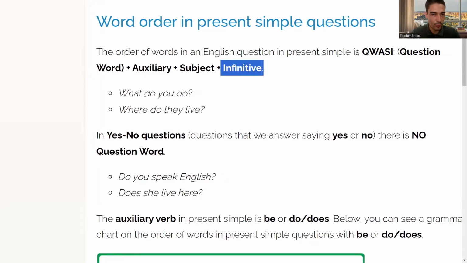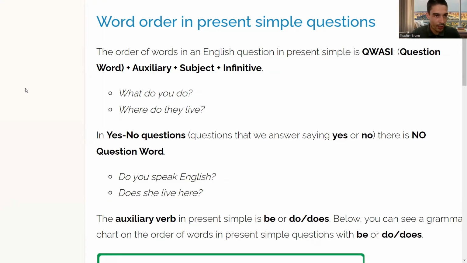For example, what? That's our question word. Where? That's our question word. Auxiliary verb, do. Subject: you, he, she, they, etc. And finally, the verb. What do you do?